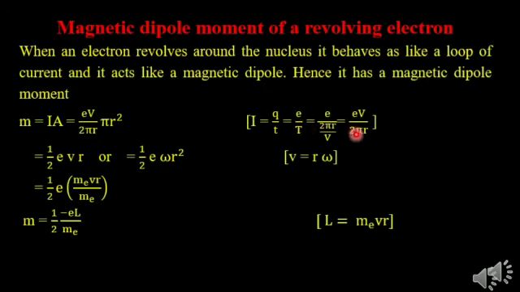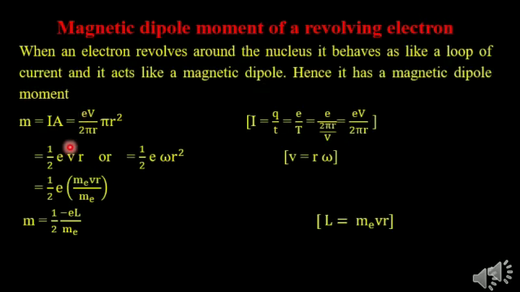After the rearrangement, the expression of current is ev divided by 2 pi r. So, the expression of magnetic moment is ev divided by 2 pi r into pi r square, where pi r square is the area of the electron's orbit. After cancellation, the dipole moment m equals half evr.